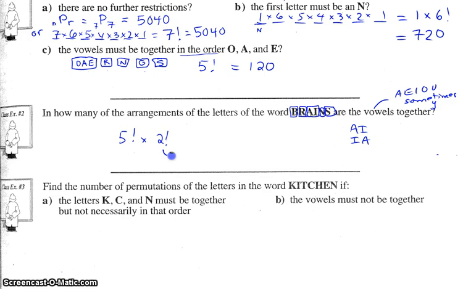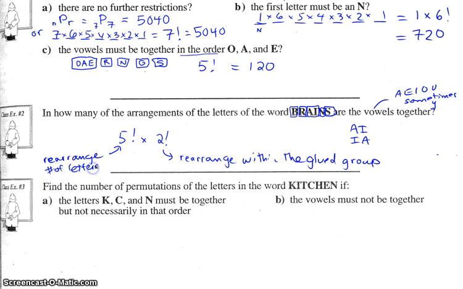So this is rearrange within the glued group, and this is rearrange the number of letters, and I'm going to put letters in quotes because really one of those isn't just one letter. But okay, hopefully we're all clear. You multiply those out, we should get 240.